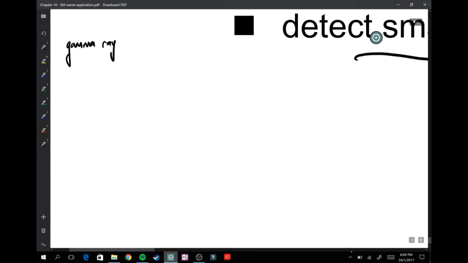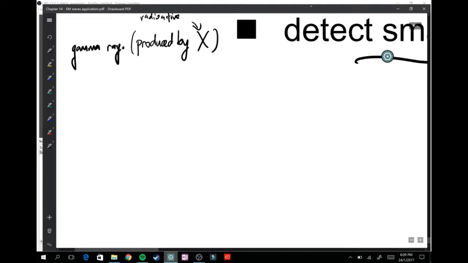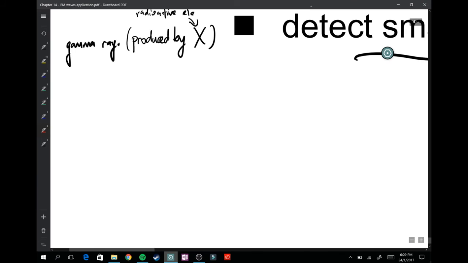Gamma ray is produced by some very radioactive element. Let's call it X, where X is a radioactive element, and it produces gamma ray.